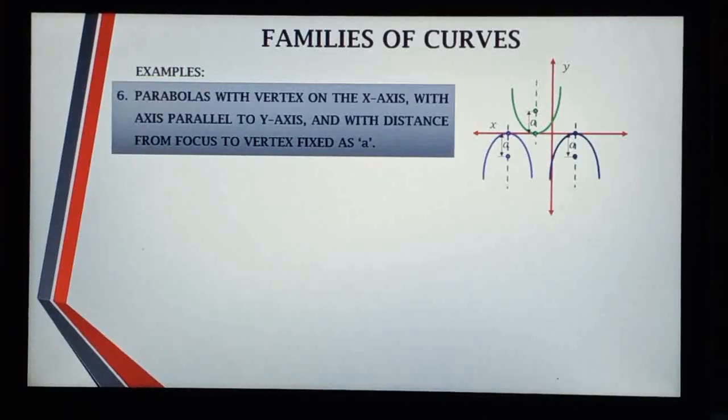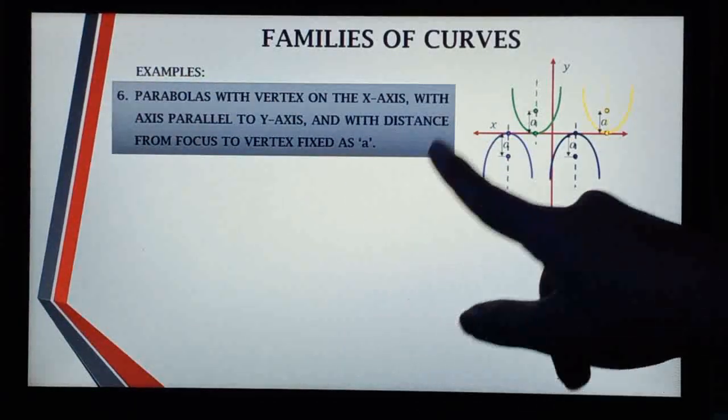And lastly, the yellow parabola opens upward, vertex at the x-axis. The axis is parallel to y-axis, and the distance from focus to vertex fixed as a. So kahit alin dyan sa parabola, dapat masasatisfy niya ito.